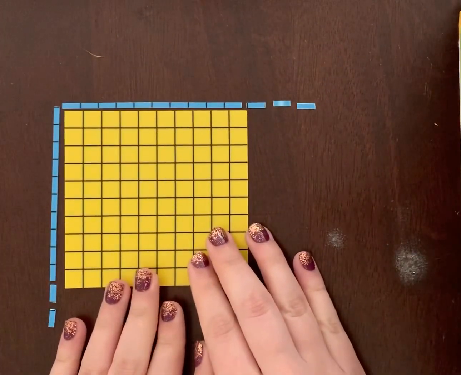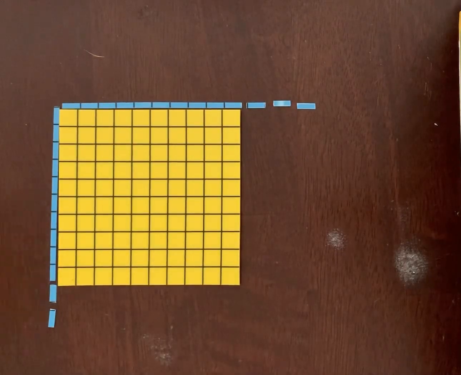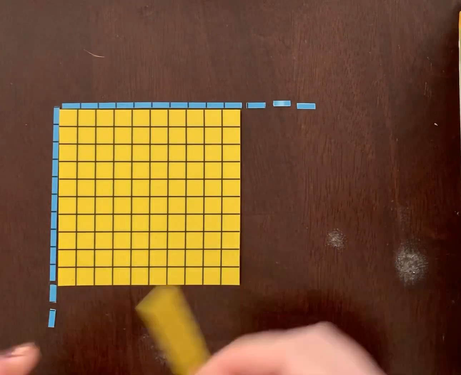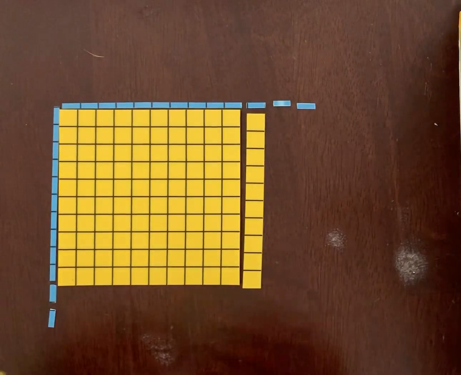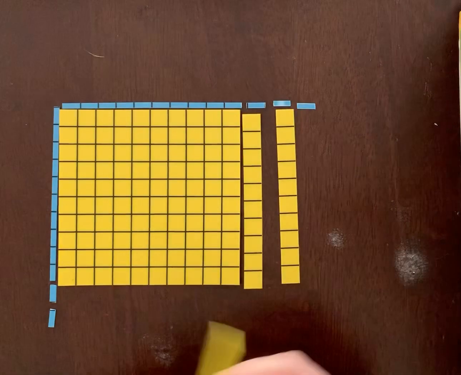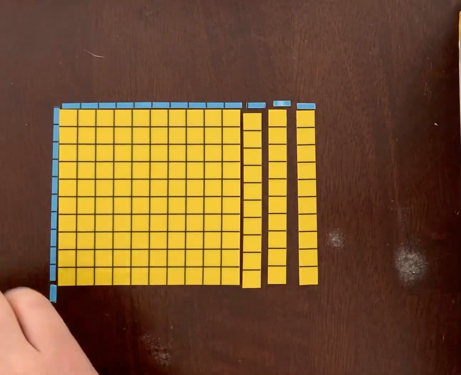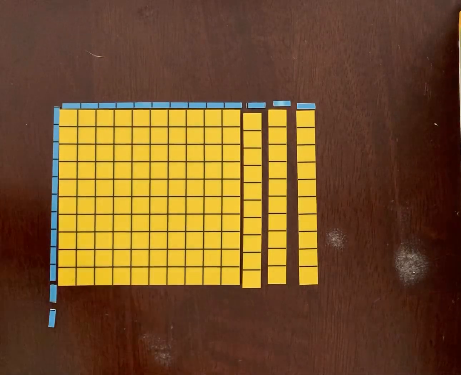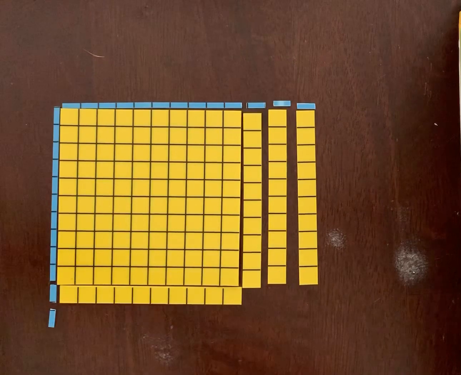can fit a grid right in there. I'm going to go ahead and fill in the rest of my area model. So I know I can put a strip right here. I know I can put a strip here and a strip here. Okay, and then I'm going to go towards the bottom. I can see I can fit a strip right there.